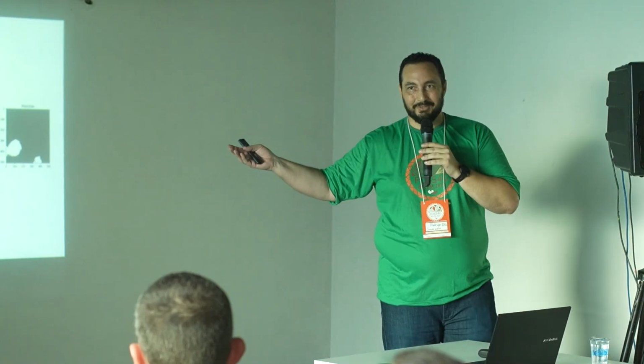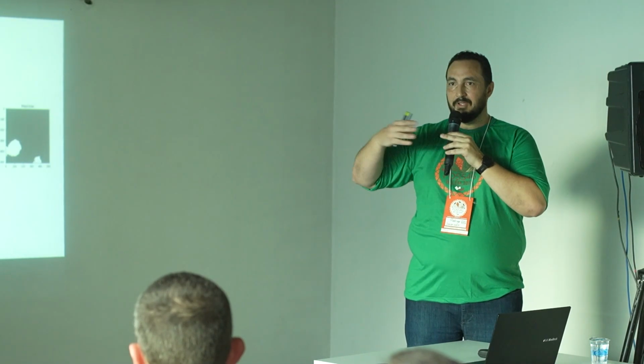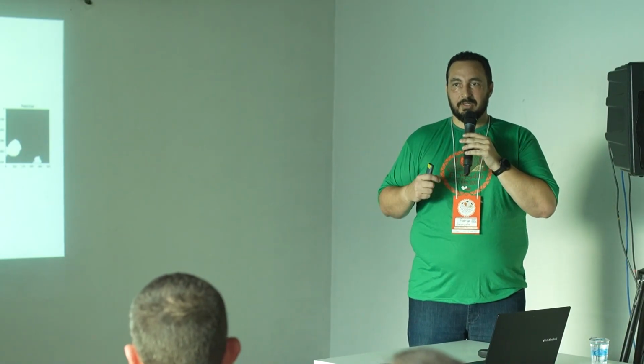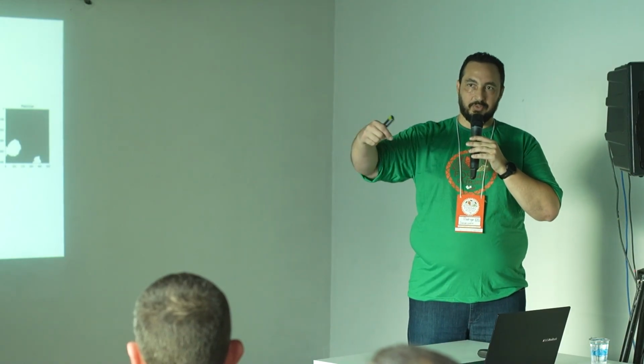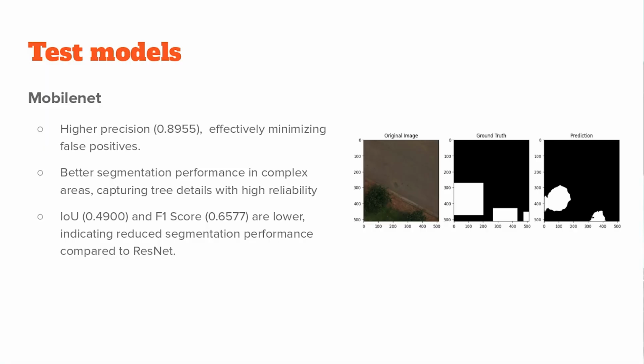My student used it to calculate the accuracy over all the area. So the background counted in the classification, and in relation to the trees, the background was 99.9, I don't know, percent. So we have to adjust the evaluation method.